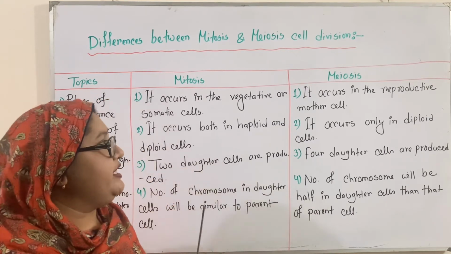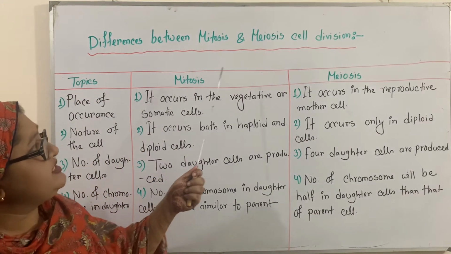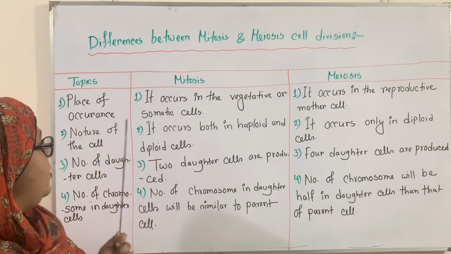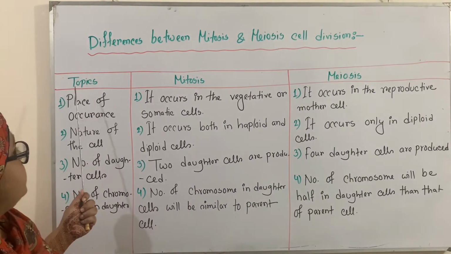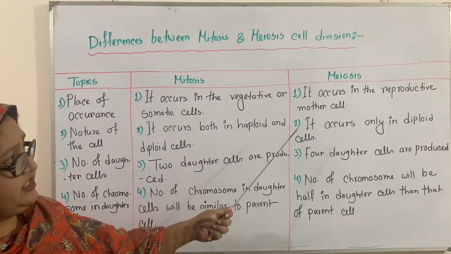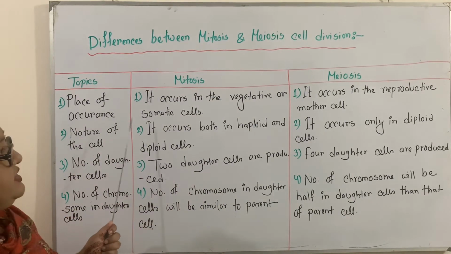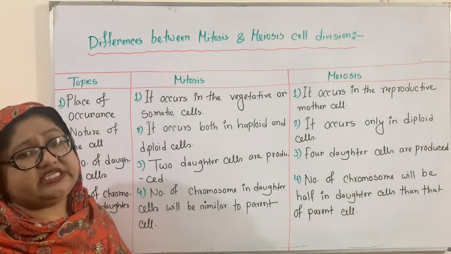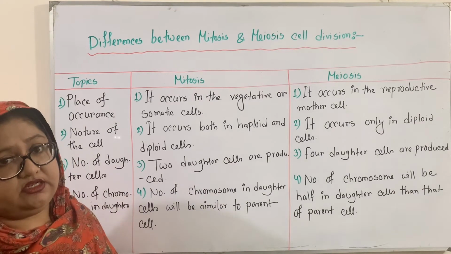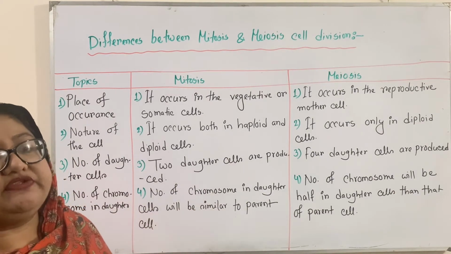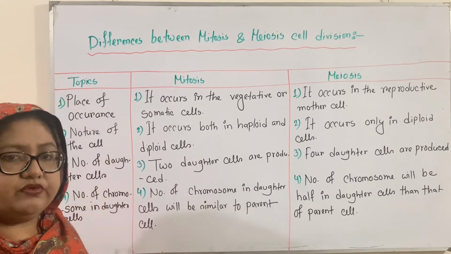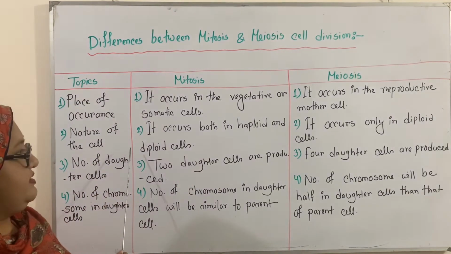Now come to the point. The differences between mitosis and meiosis you can see on the board. First of all, the topics: mitosis and meiosis cell division. Place of occurrence: mitosis cell division takes place in the vegetative or somatic cell, whereas meiosis cell division takes place in the reproductive mother cell. Next, nature of the cell.